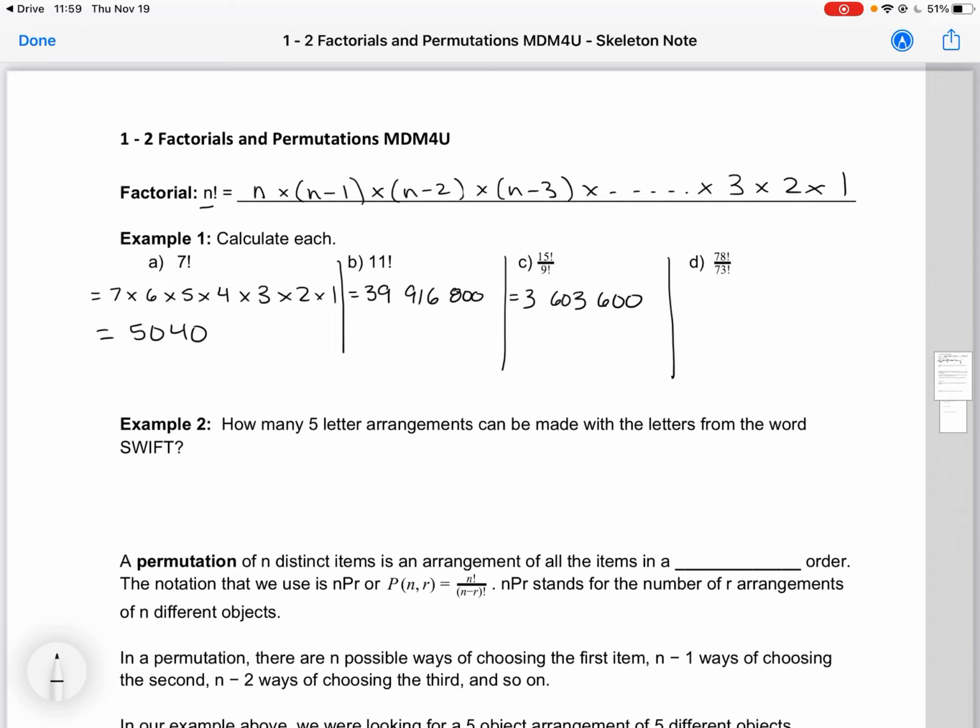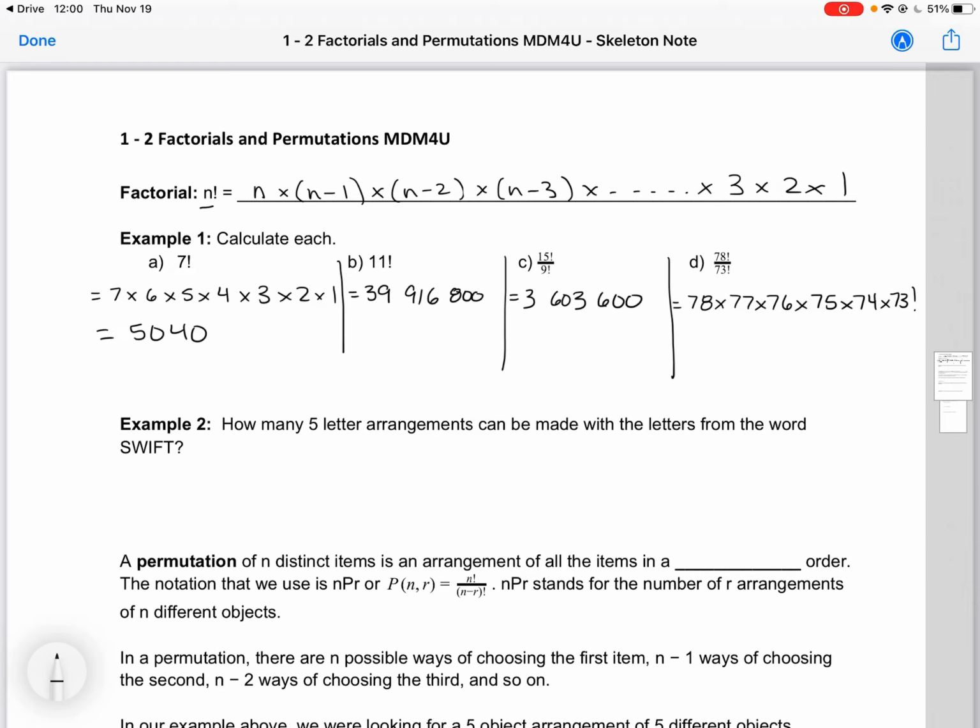Now, if you try to type this one into your calculator right away, you're going to get an error. The numbers are too big. So then what we need to do is be able to simplify our fraction a little bit. So what I'm going to do is write out the top factorial, and I'm going to stop when I get to 73 and write that as a factorial.